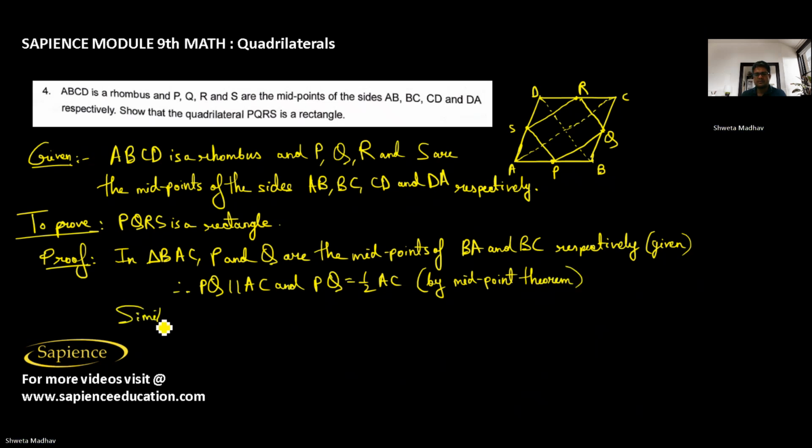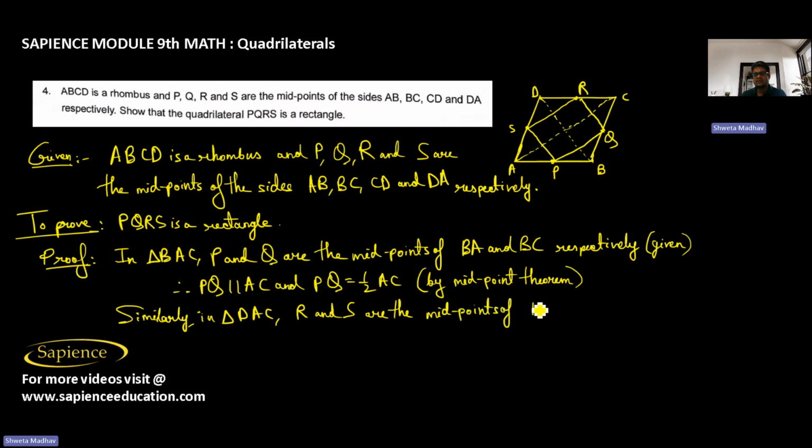Similarly, in triangle DAC, R and S are the midpoints of the sides DC and DA respectively, which is also given.